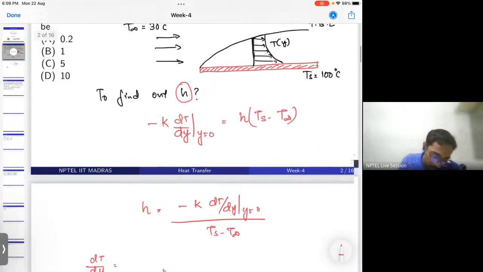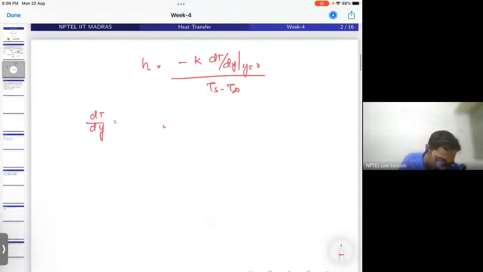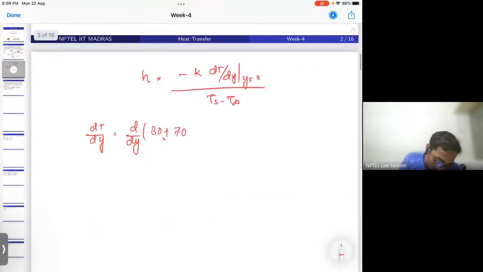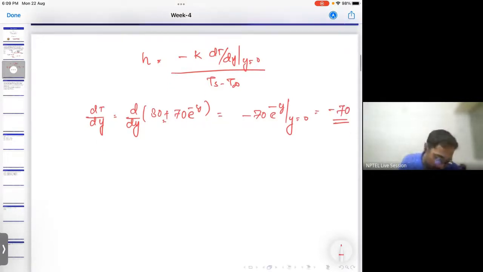It is d by dy of 30 plus 70 e raised to minus y. So it becomes minus 70 e raised to minus y, right? At y equal to 0 it becomes minus 70. Just substitute this value. k is given as 1.